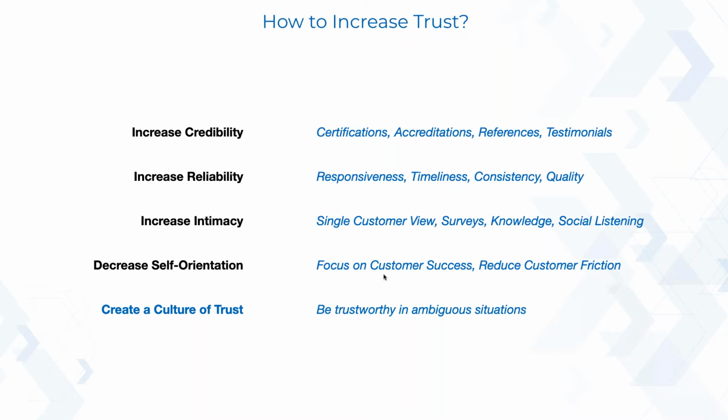And so for me, if I was to increase it, yes, there's tangible metrics and changes you can make, but really you've got to do your people. You've got to make sure your people, when put on the spot, when it's ambiguous, will act in the correct way. And that's only through creating culture.